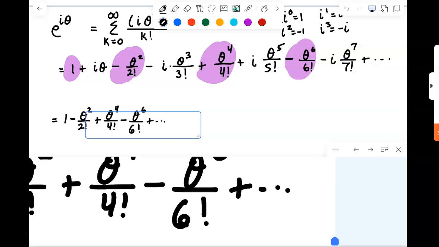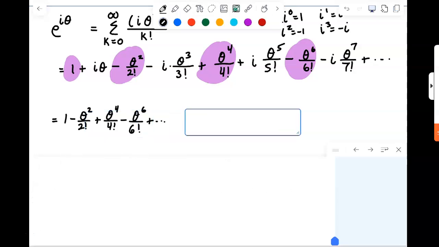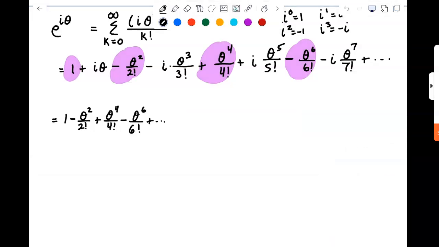And the next one will be plus, and so on. And then our second group here, they all have thetas with them, or they all have i's with them. So what I can do with that group is factor out the i, since it's in every one of them.